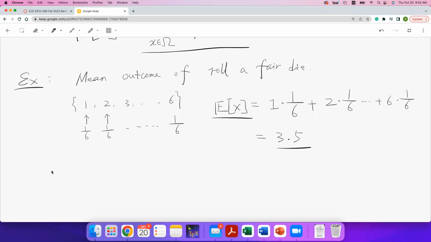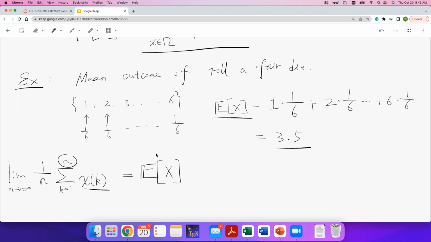So the expectation is a kind of statistic that gives you an understanding of the average outcome. Technically, this means that if you roll this die n times, and each time you get xk, where each xk can be these integers, and you compute the empirical mean of your observations, and then you push n to infinity, basically you roll this die infinitely many times and compute the empirical mean, this should give you the expectation of this random variable.